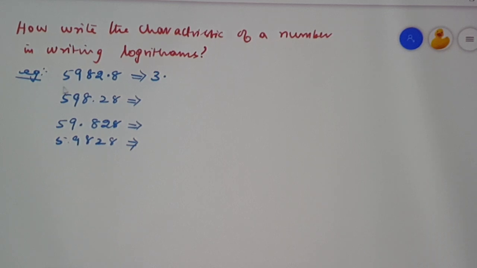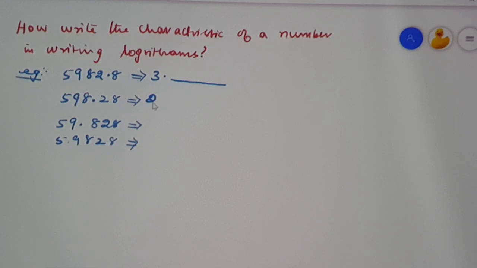If the number is 5982.8, then before the decimal point you are having 4 digits. Then the characteristic is 3 point, and the value of the logarithm you have to get from the logbook. If that same number is written like this, 598.28, then before the decimal point you are having 3 digits.